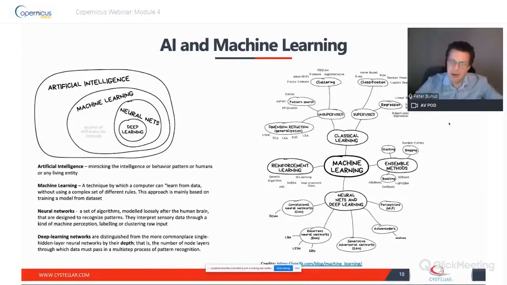And then we have neural networks, which are actually a subset of machine learning. In most cases, in the context of satellite image processing, for what we are doing in the insurance sector, we are mostly talking about deep learning networks, which are distinguished from the more commonplace single hidden layer neural networks by their depth.